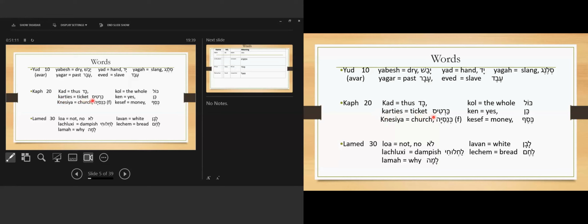Zot will be this, but it will be the feminine. That will be Zayin and Tav. Zot. This. So ze is the male this, and zot is the female this. Because remember, in Hebrew, we have male and female.